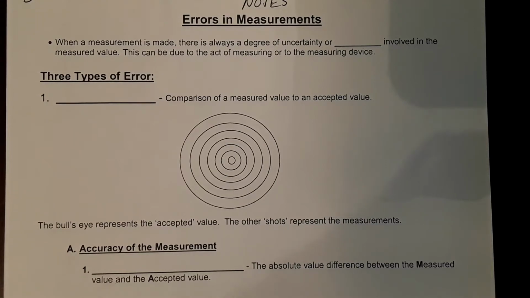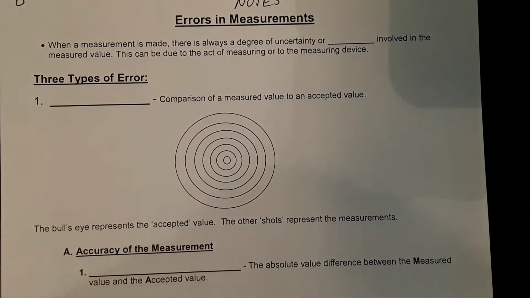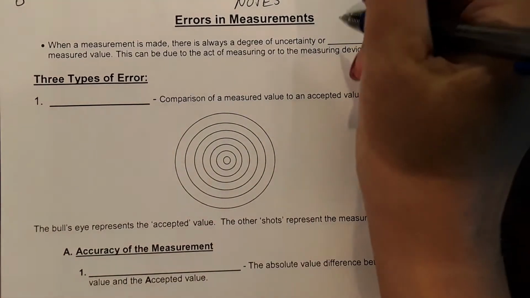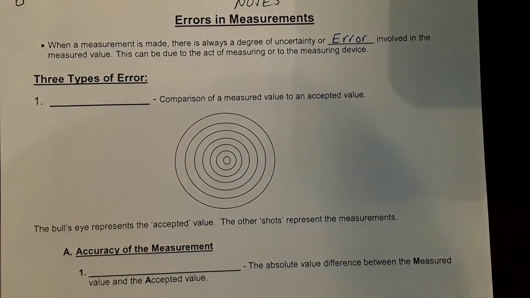Hello, everybody. Today we're going to be looking at error in measurements. The reason being, anytime you take a measurement, anytime you collect data in order to study a physical phenomenon, there's always a degree of uncertainty or error involved in that measured value.